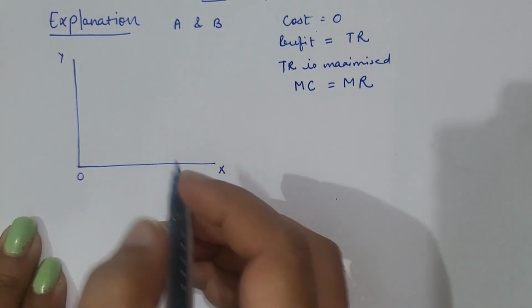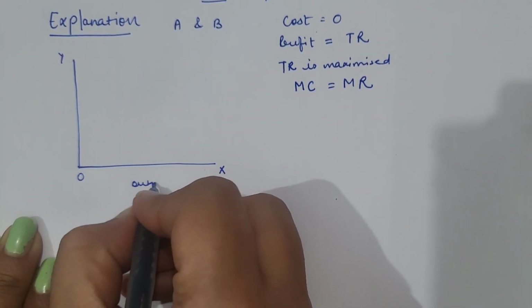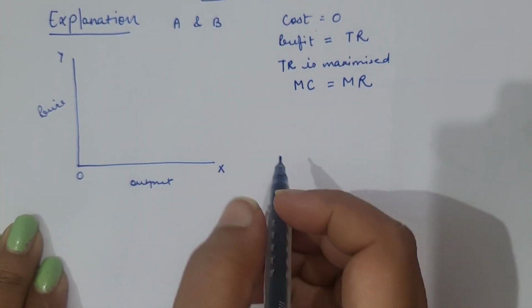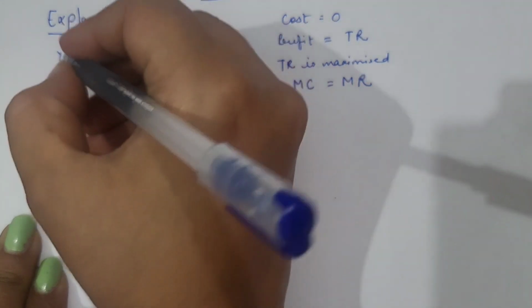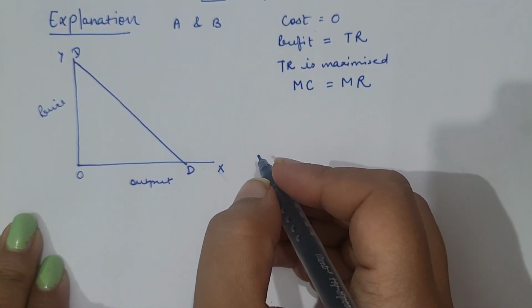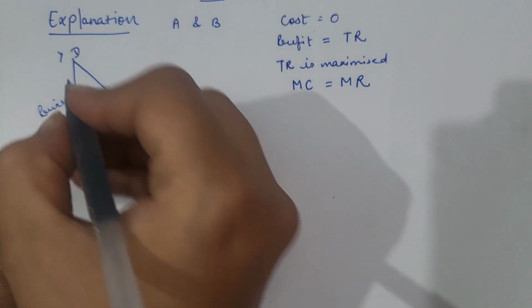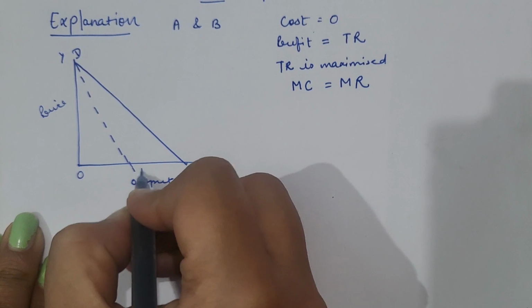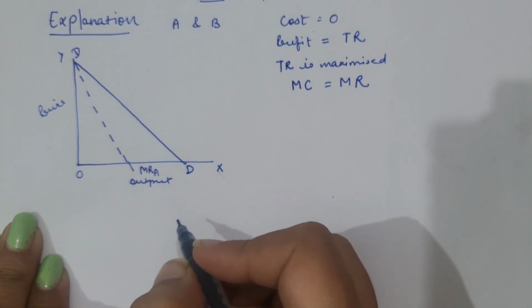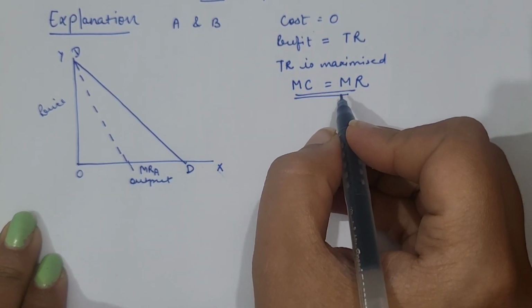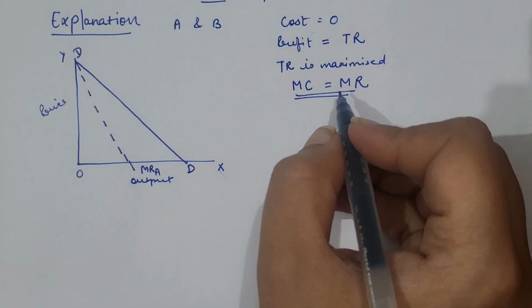Here on x-axis there is output and on y-axis there is price. As we have assumed that each firm is aware of the straight line demand curve, so DD is the demand curve here. So first of all, marginal revenue of firm A. This is marginal revenue of firm A. As we know, equilibrium would be at point where marginal cost equates marginal revenue.